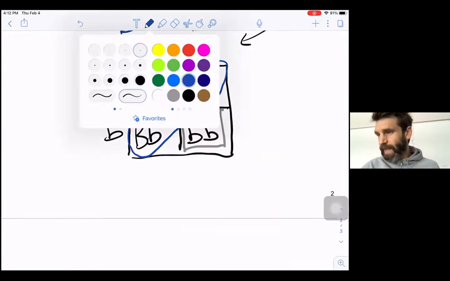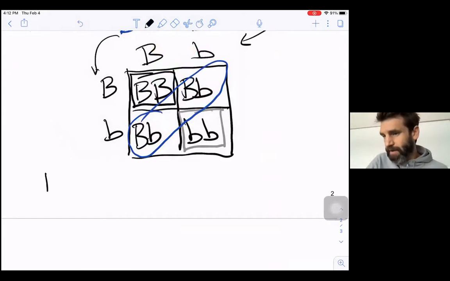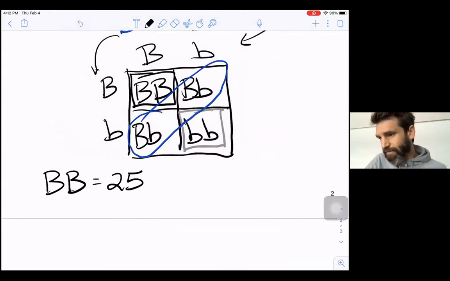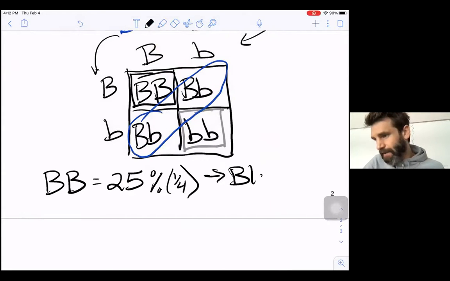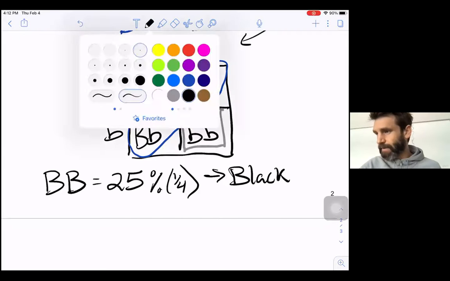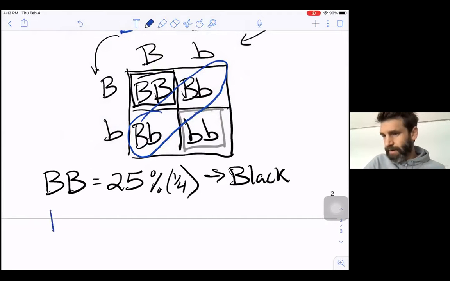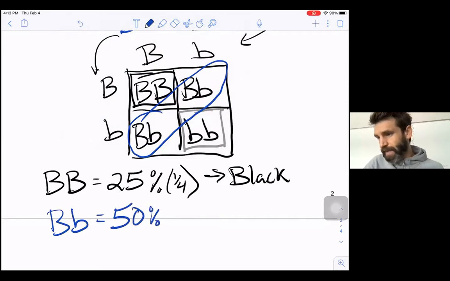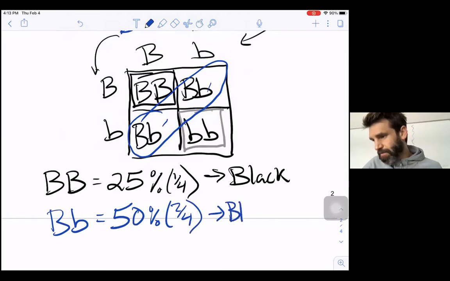So what we have is we have BB equals 25%, because that's 1 out of 4. So 25% are black. Bb is 50%, because that is 2 out of 4. 2 out of 4 are this bluish gray.